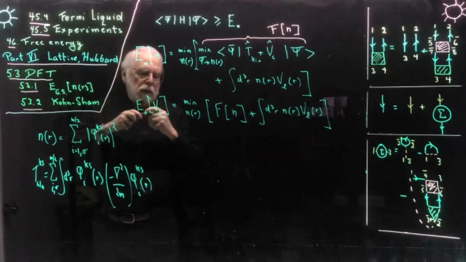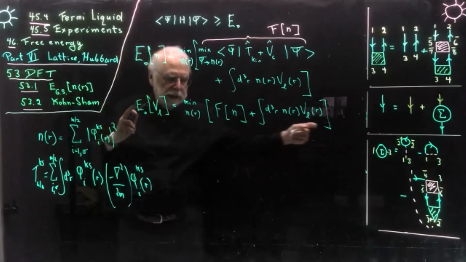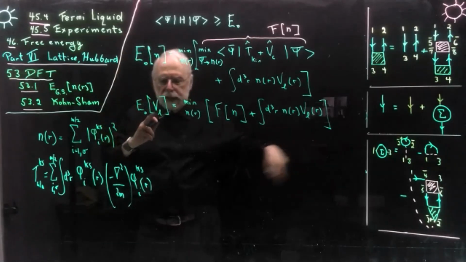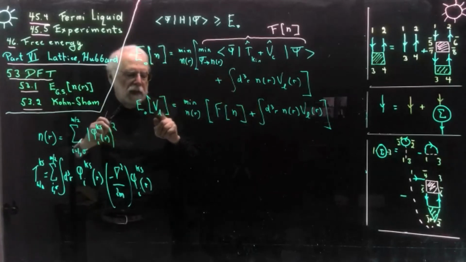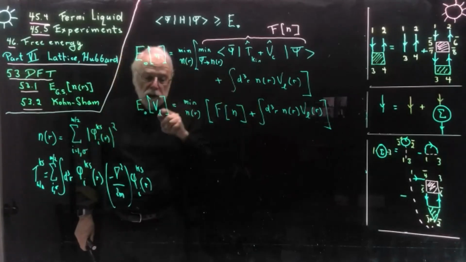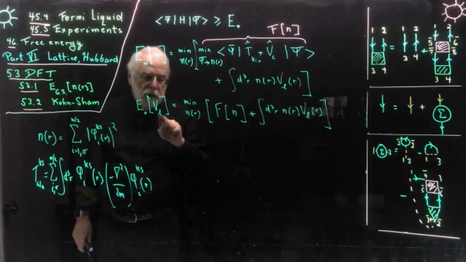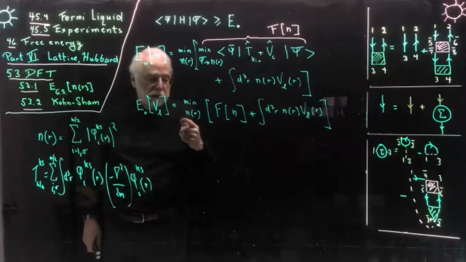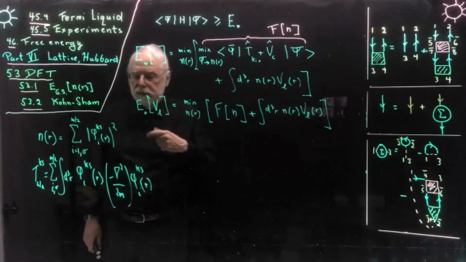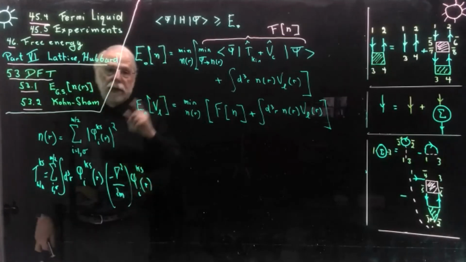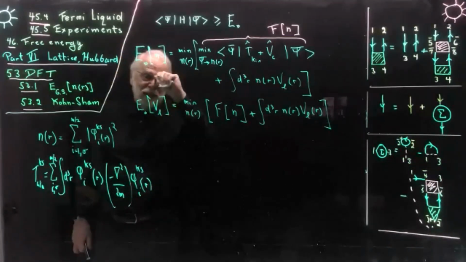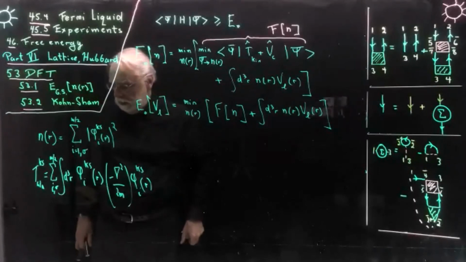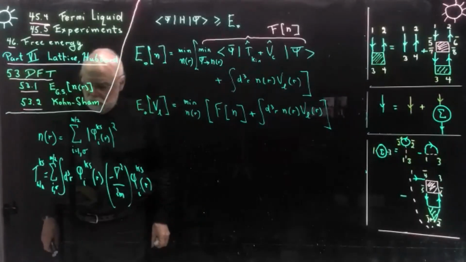What I mean by this is this, right? I do this and I invert and I find v as a function of n. In other words, for every v_L of r, there's a single n of r. And vice versa. For every density, there's a single v_L. That was the content of the Hohenberg-Kohn theorem, but it is derived in the notes and is not very complicated.